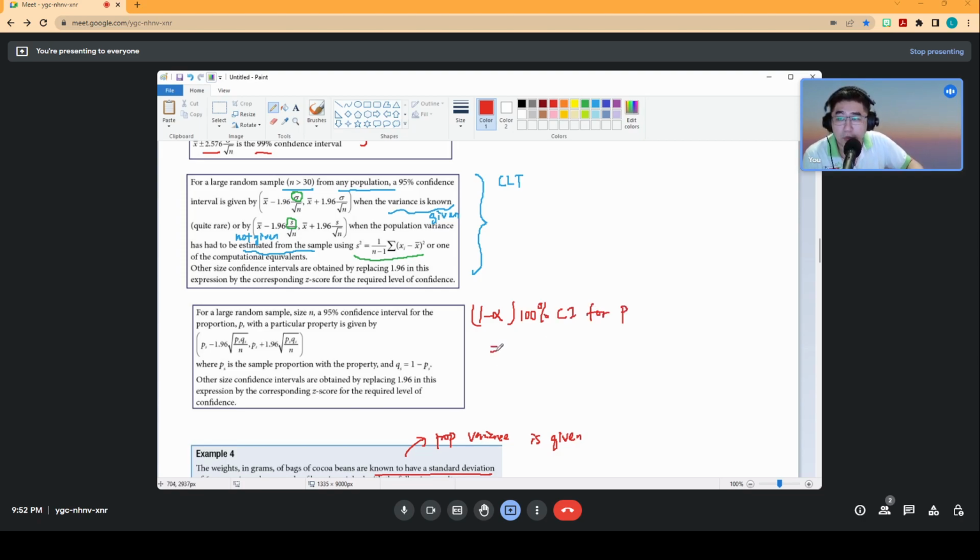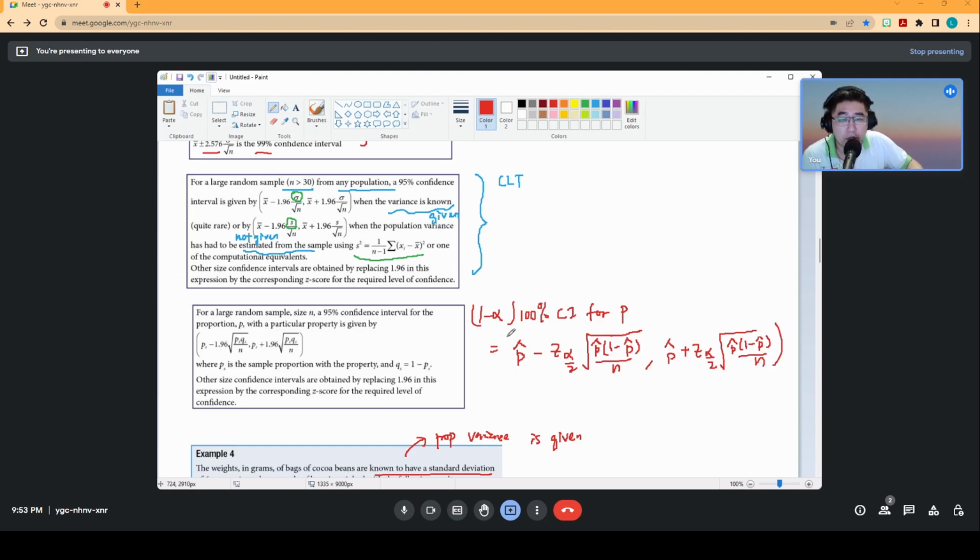So we use P hat minus Z alpha over 2 square root of P hat, 1 minus P hat, over n, comma, P hat plus Z alpha over 2 square root P hat 1 minus P hat over n.